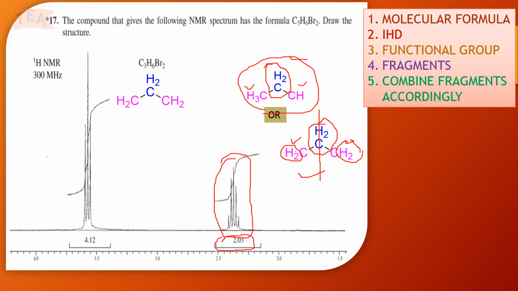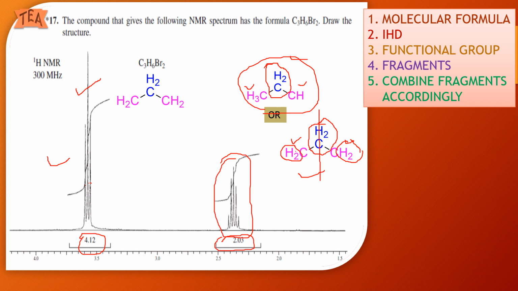Okay, let's move to this peak. You can see here the integral is 4.12, which means that there are 4 hydrogens which are chemically equivalent. And it is giving a triplet, 1, 2 and 3. So what does triplet mean? Triplet means that the carbon attached to the hydrogens is connected to a carbon which has two hydrogens.